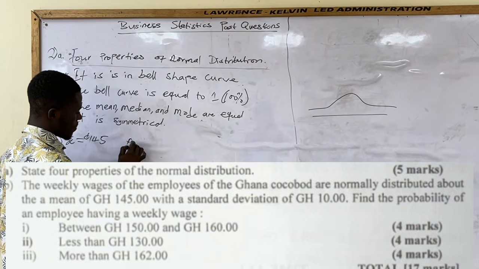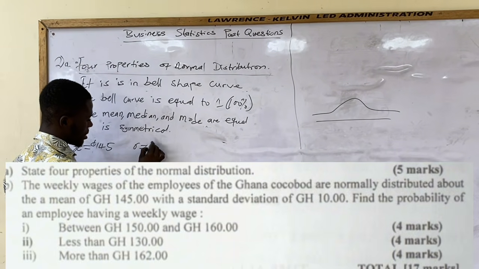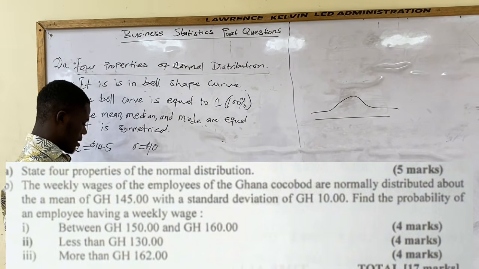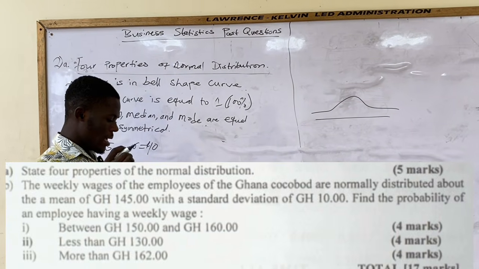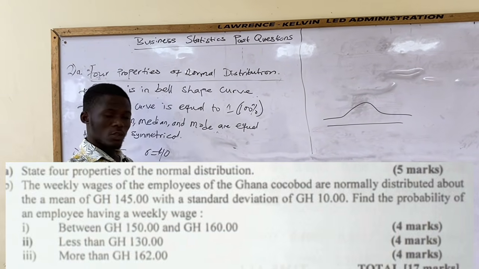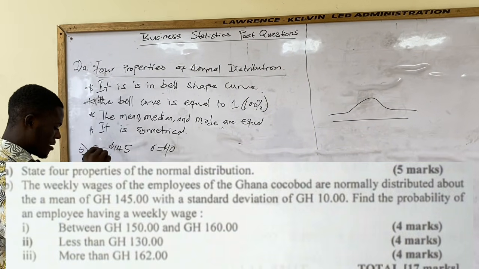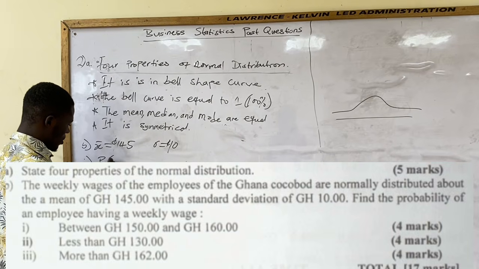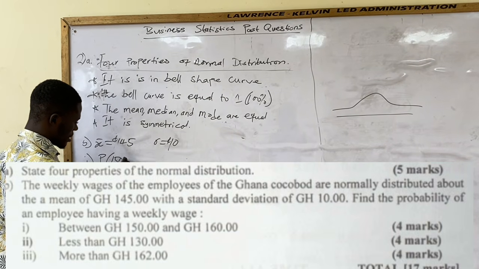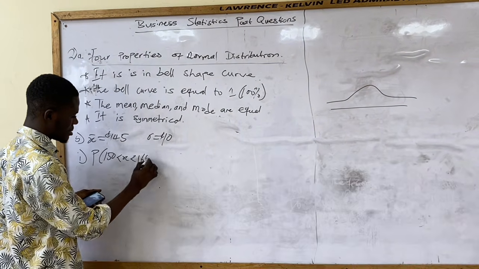Now find the probability of an employee having a weekly wage between 150 and 160. So the probability that 150 is less than S is less than 160.